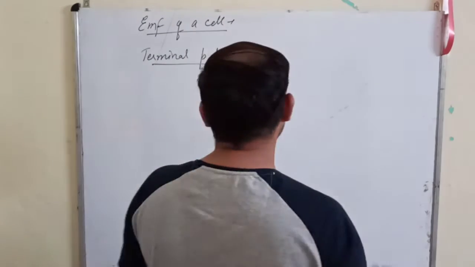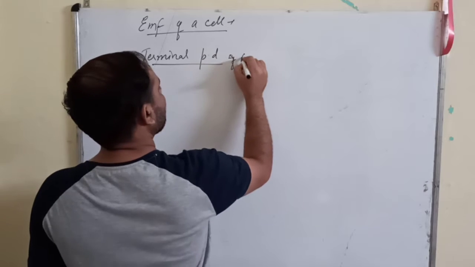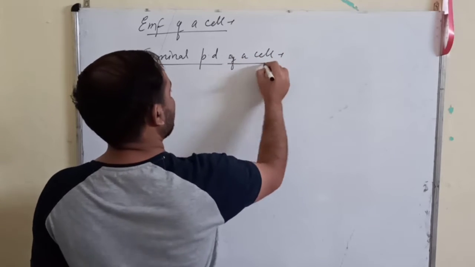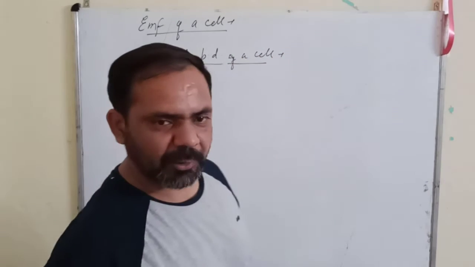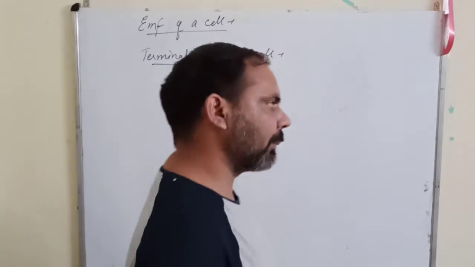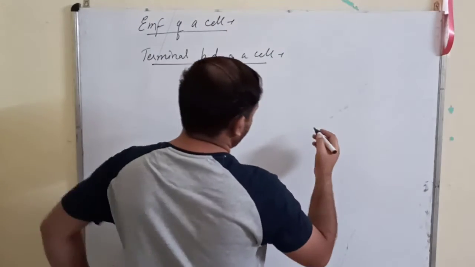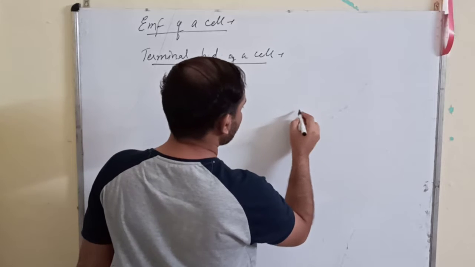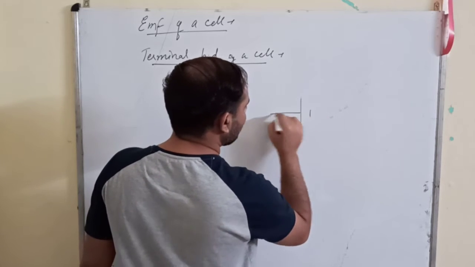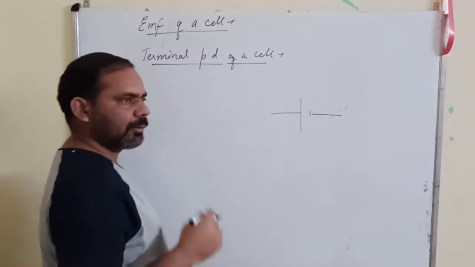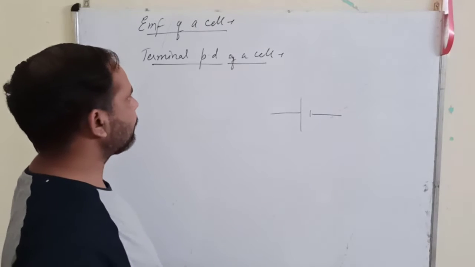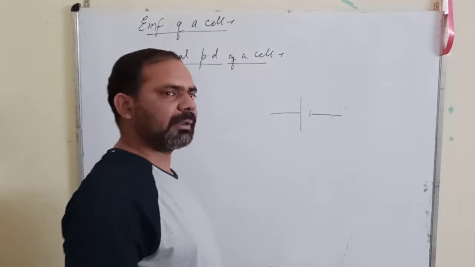Terminal potential difference is also of a cell. The terminal potential difference and the EMF. Suppose we have a cell like this. First of all, I will discuss with you what the EMF of the cell is.